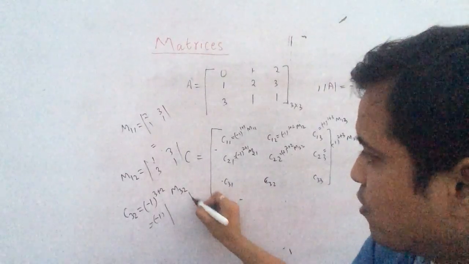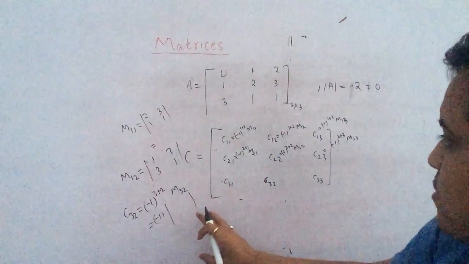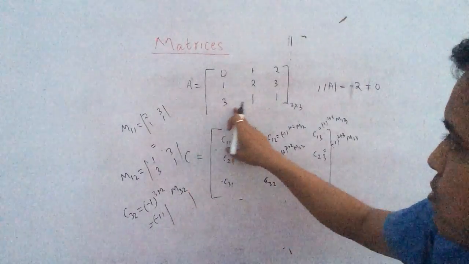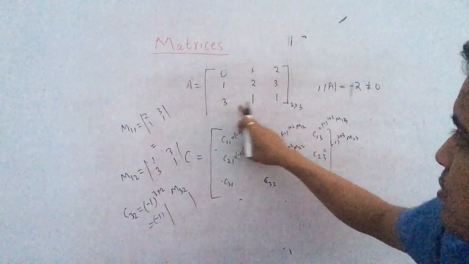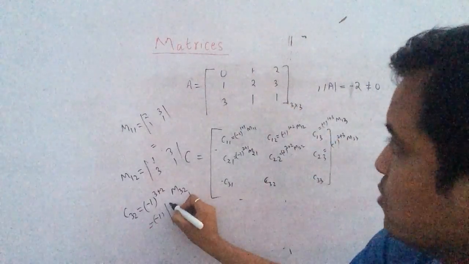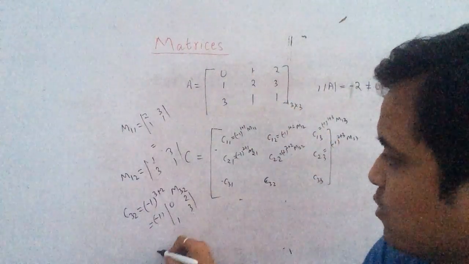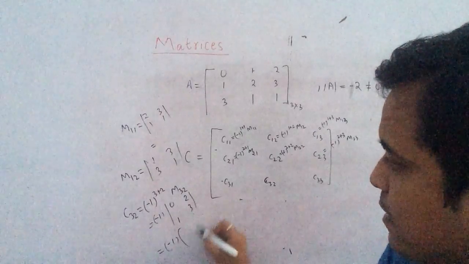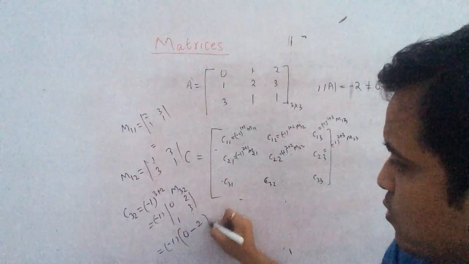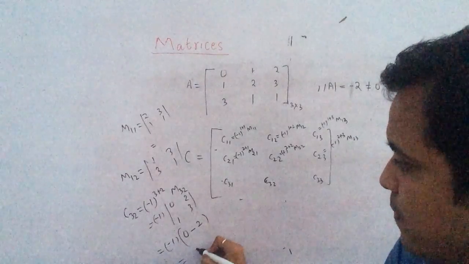It would be the determinant of the submatrix by removing the third row and second column. It would be 0, 1 and 2, 3. Solve it: 0 minus 2, the answer is minus 2. So C32 is 2.